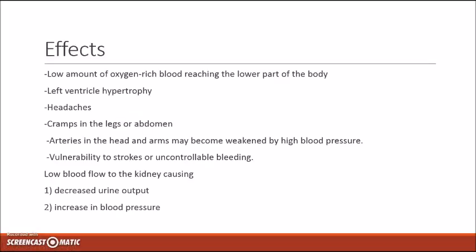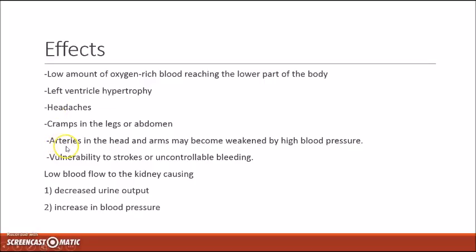And for the upper part of the body, due to the high pressure that is happening in the vessels, we can have headaches. We can have left ventricle hypertrophy, in which the left ventricle enlarges to be able to pump much more blood to sustain the lower part of the body tissues with the oxygenated blood.